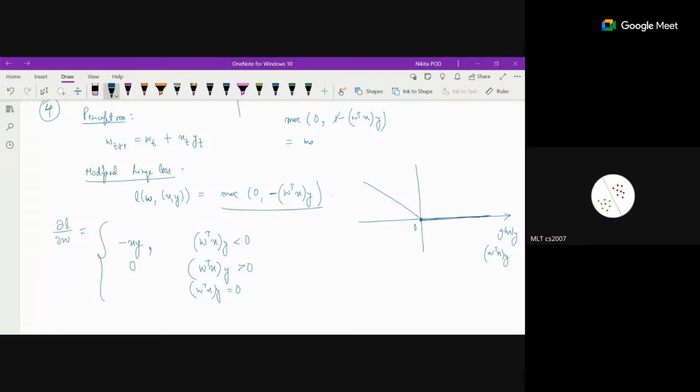But one method that we had seen, though not in detail, is the subgradient method, and we can get different subgradients at this point.